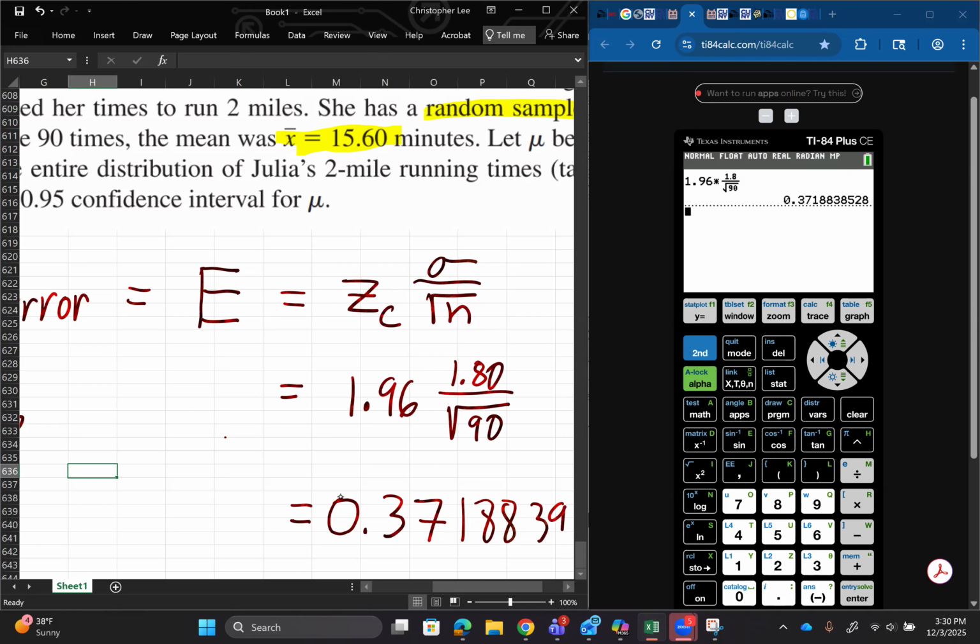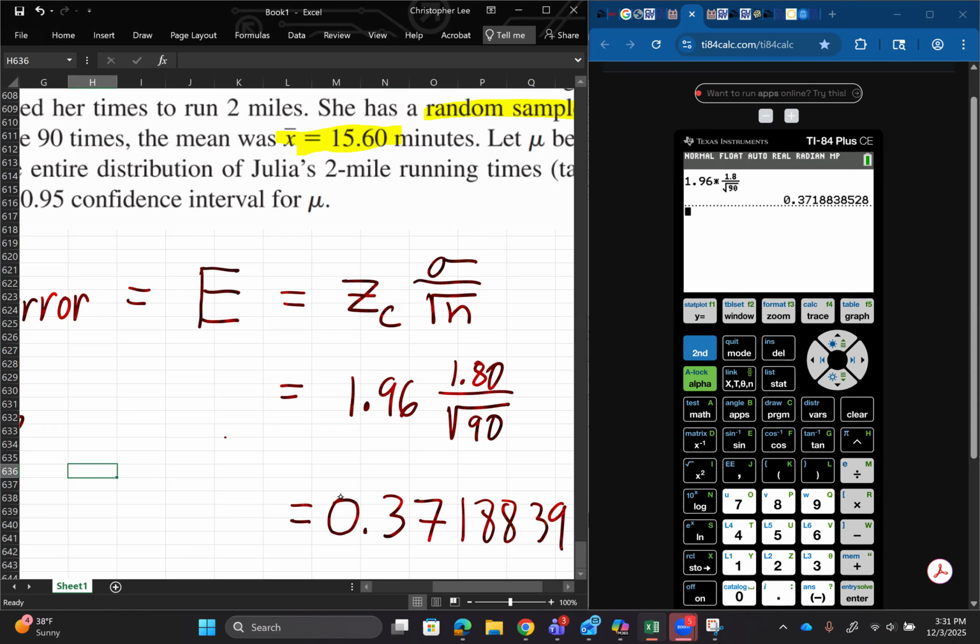I'm gonna round it off. The calculator gave me all the numbers, so that's why I'm writing them. Technically speaking, you only really need to put up to the thousandths place because you want to round off to whatever your mean is. Go ahead. You got the same thing as me? Oh, yeah, I accidentally put 193 instead of 196. It was just a typo.